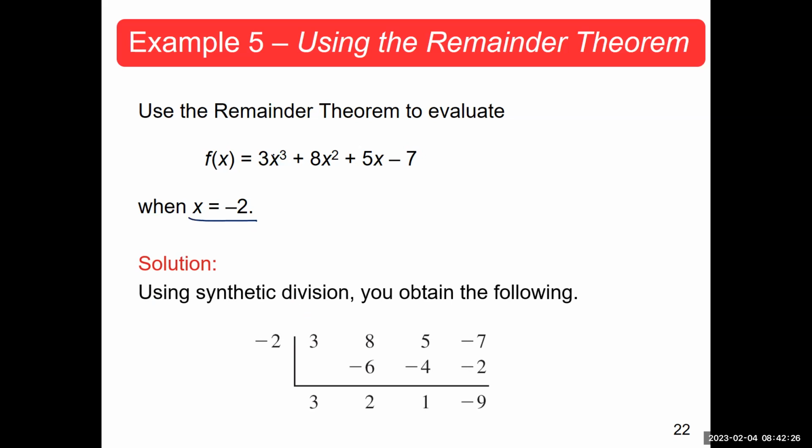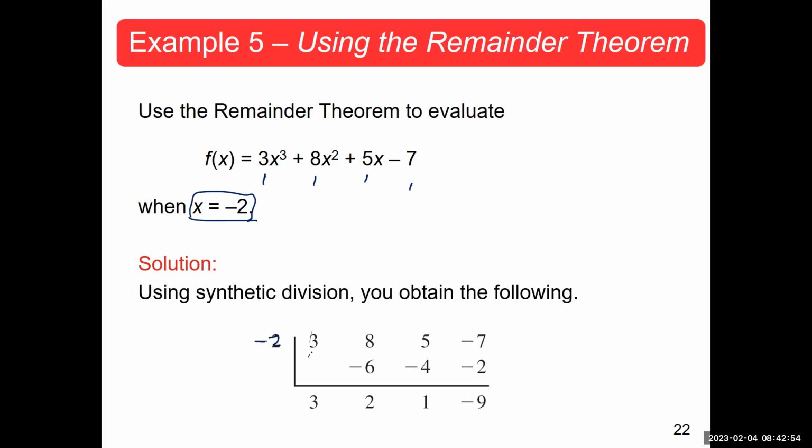Do we have any missing term? Cube, square, x, no missing terms. So we're going to put 3, 8, 5, -7, all of these numbers, down here, and make sure you have x equal -2. Here they give it immediately, and you can put -2 anywhere you want. Let's put it here like the way they did it. This is now what we have to do.